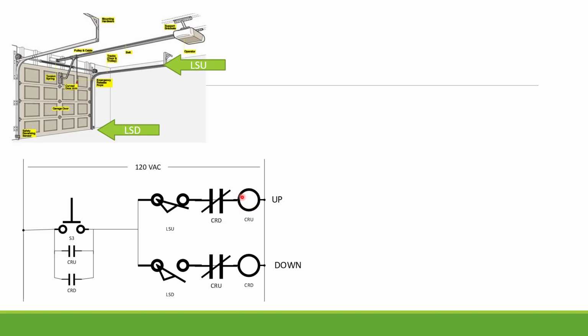So whenever this output energizes, it also causes this set of contacts to close. For as long as this is energized, now these contacts are closed, which allows current to flow around my switch and supply itself. And now I can let go of the switch, and I still have an established circuit here.